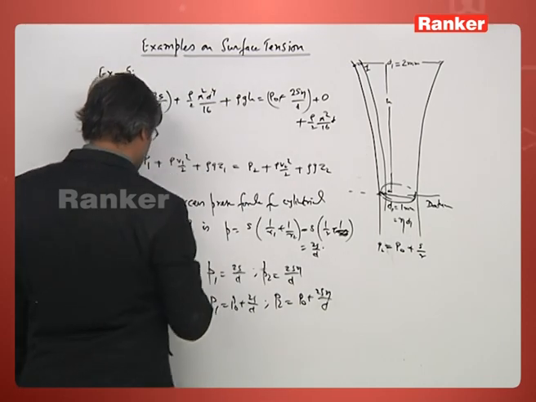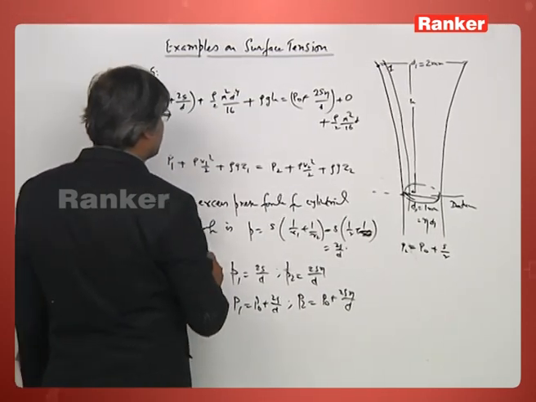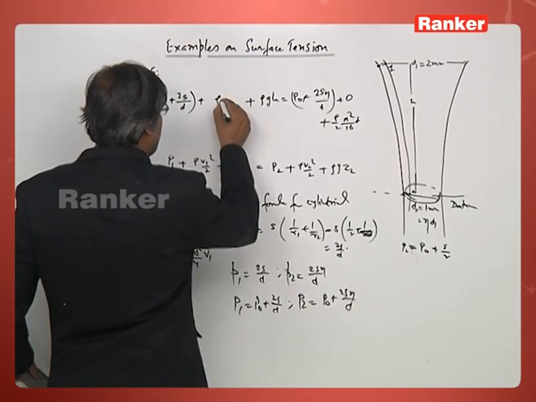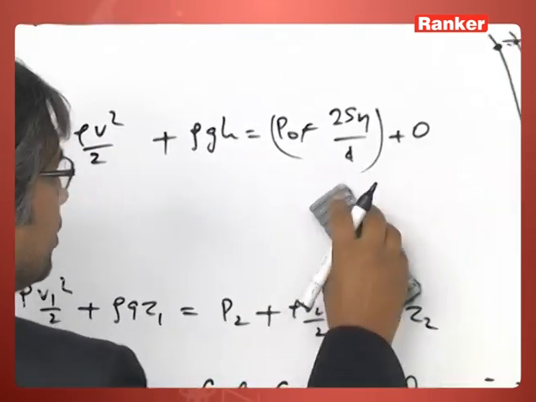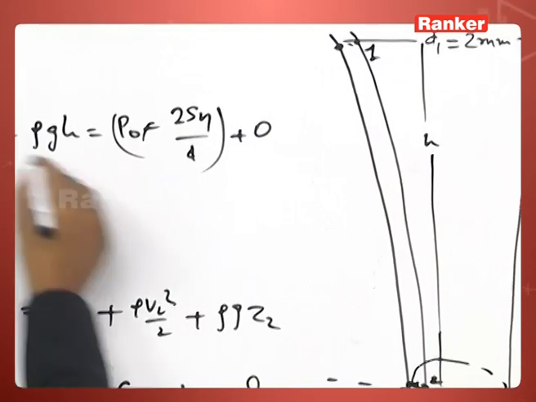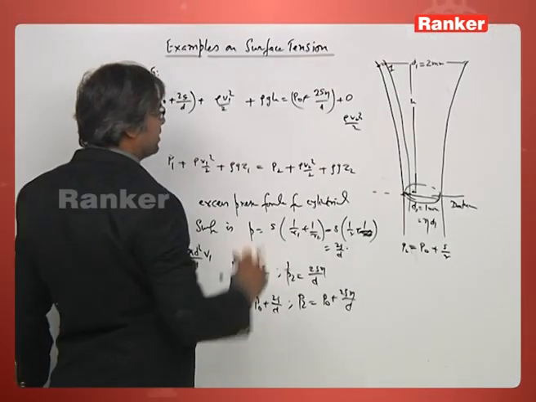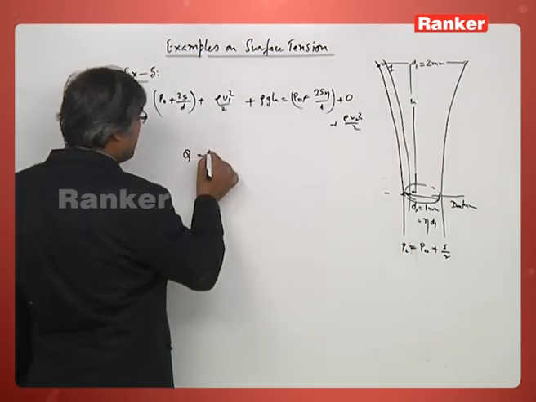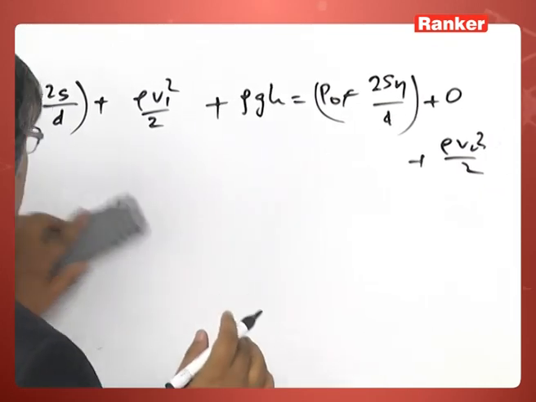Here one more thing, V is Q by pi d square, so here it is actually wrong. Let it be rho V1 square by 2 here and rho V2 square by 2 there. So now we have this equation. Let us simplify it first.